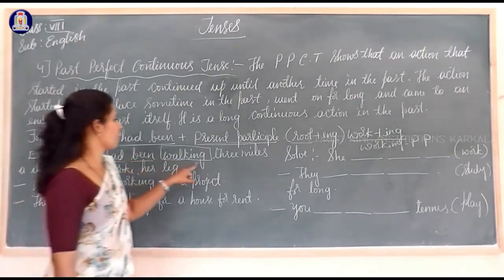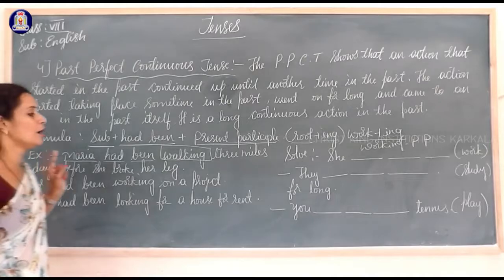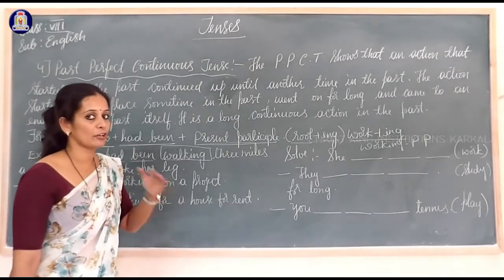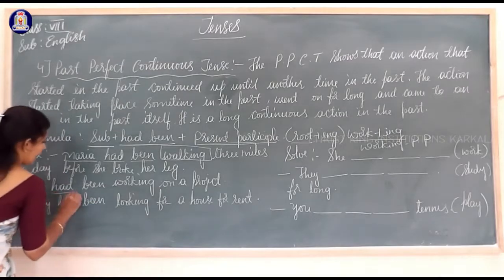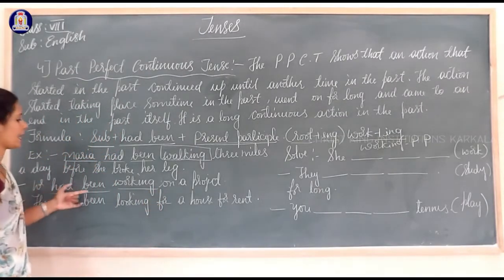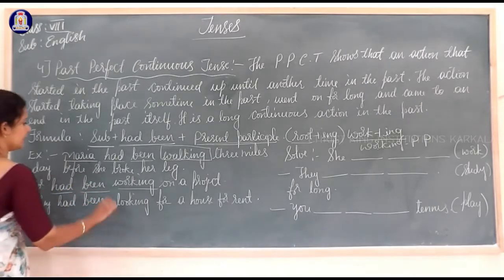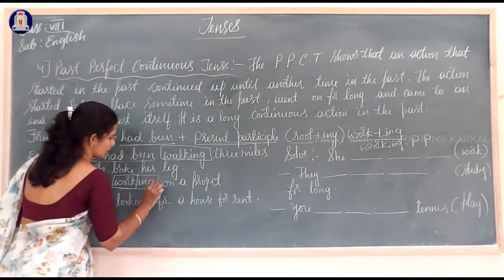Maria had been walking 3 miles a day before she broke her leg. We had been working on a project. It means for a long period of time, the action continued. Okay, we had been working. We is the subject, had been working. Okay, here working, as I told you, is the base form of the verb, and add ing to it.